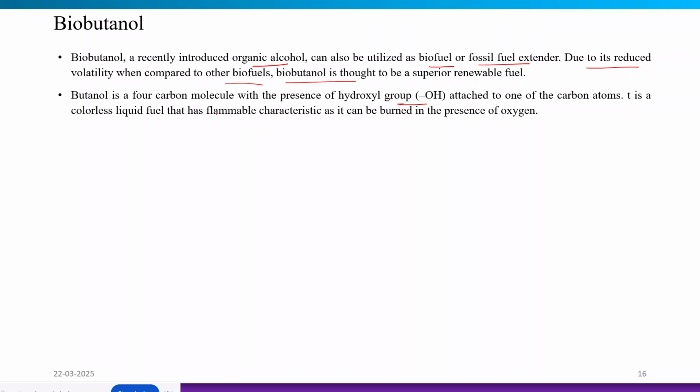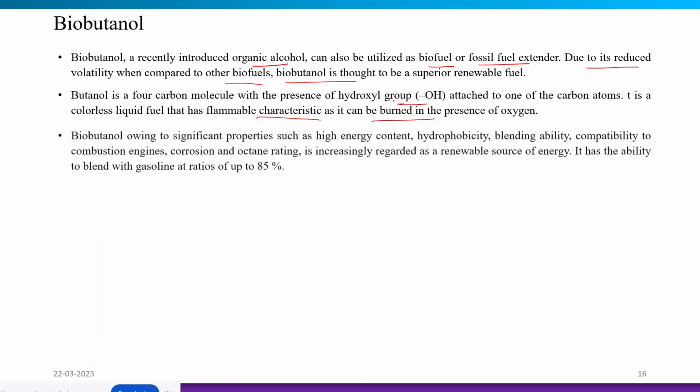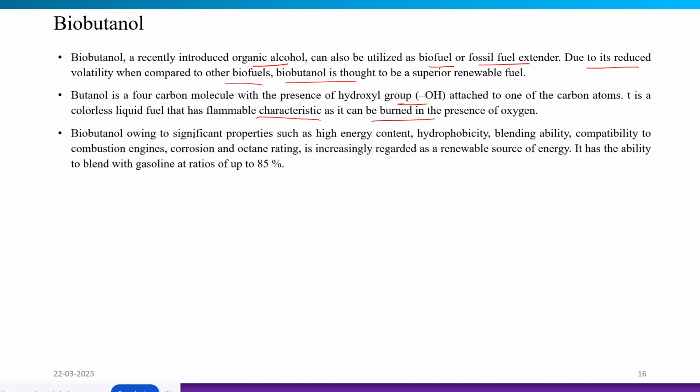It is a colorless liquid fuel having flammable characteristics that can be burned efficiently in the presence of oxygen. Biobutanol has significant properties such as high energy content, hydrophobicity, blending ability, compatibility with existing combustion engines, low corrosion and a higher octane rating, and is increasingly regarded as a renewable source of energy.